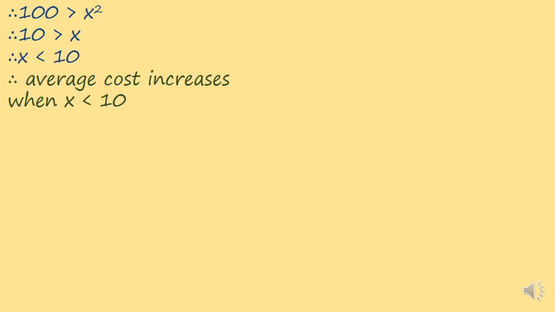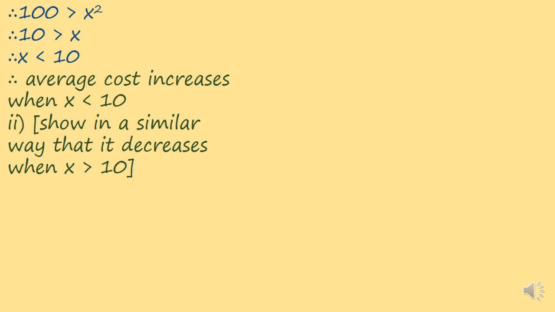Thus we get 100 greater than x square. We take the square root and get 10 greater than x, or we can write it as x less than 10. So we say that average cost increases when the number of items is less than 10. In a similar way, you can show that the average cost decreases when x is greater than 10.